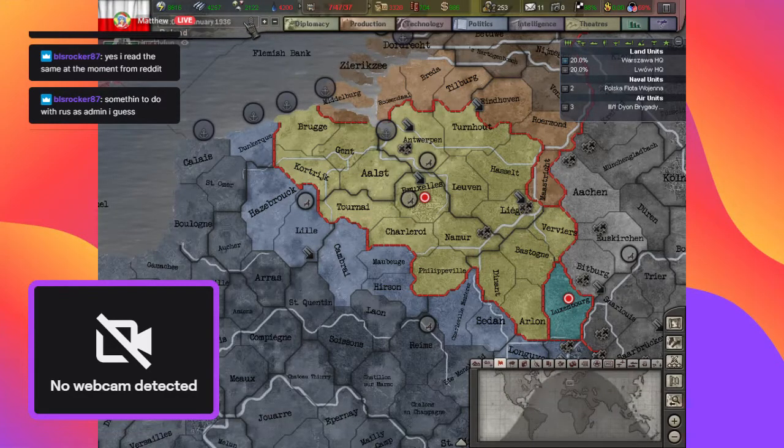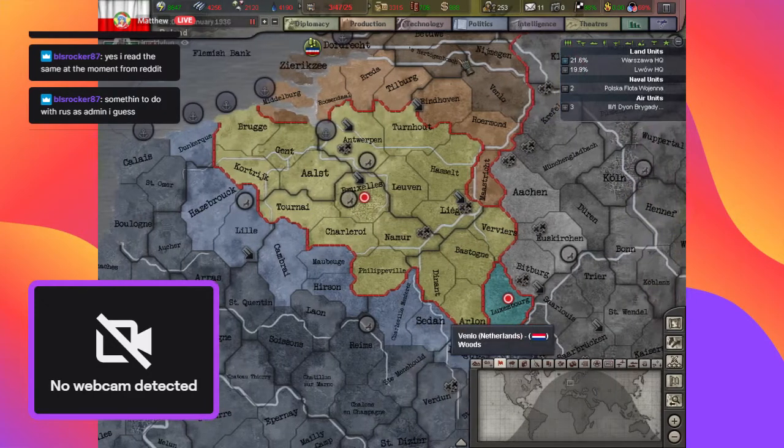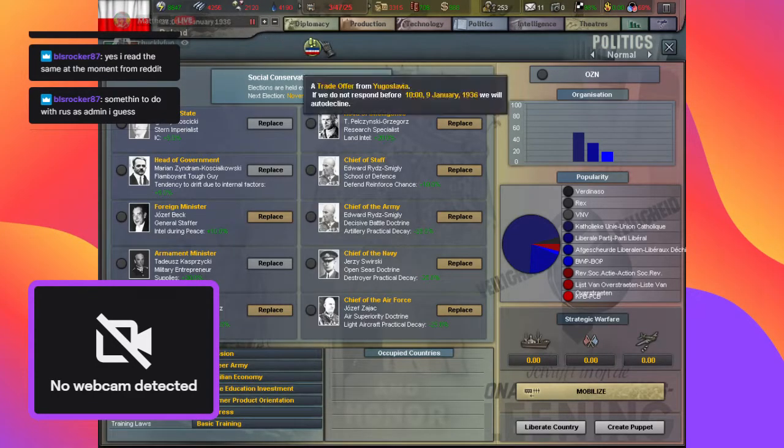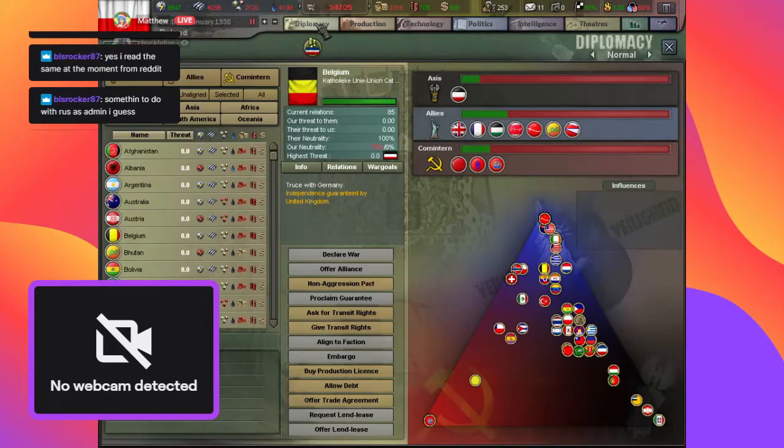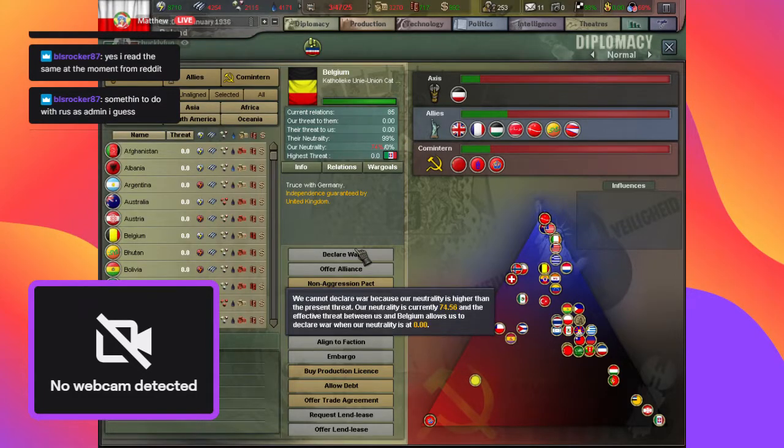Okay, I went by that fast. So it automatically did it, probably because I switched from a player nation, which was me, Belgium, to an AI. So the game automatically must have already clicked the prepare for war button. Yeah, because you see how neutrality is dropping now.